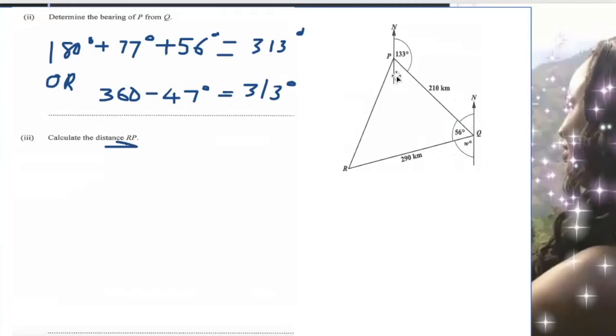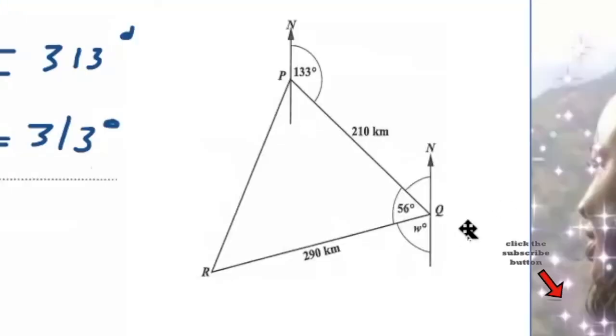Now, if I'm calculating RP, then I can label this triangle to make it simpler for me. Capital Q represents the angle 56, and the side facing it, which is RP, I can label as small q, while capital R represents the angle, whatever angle this will be.